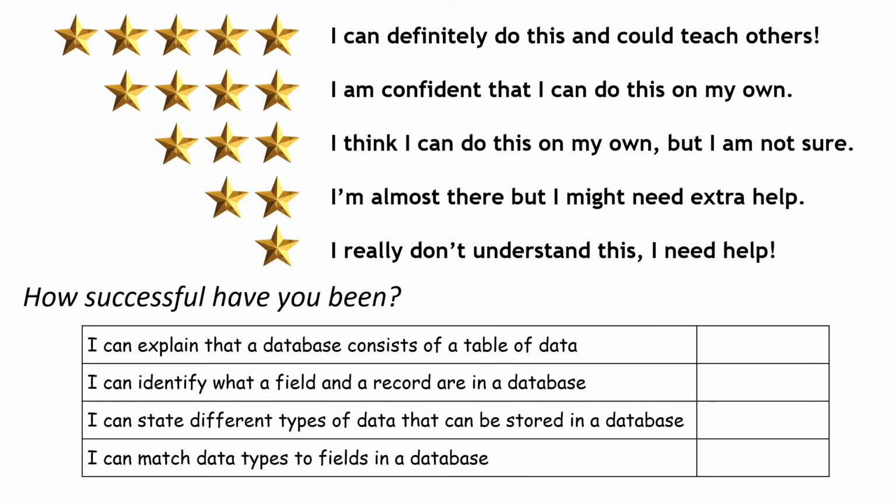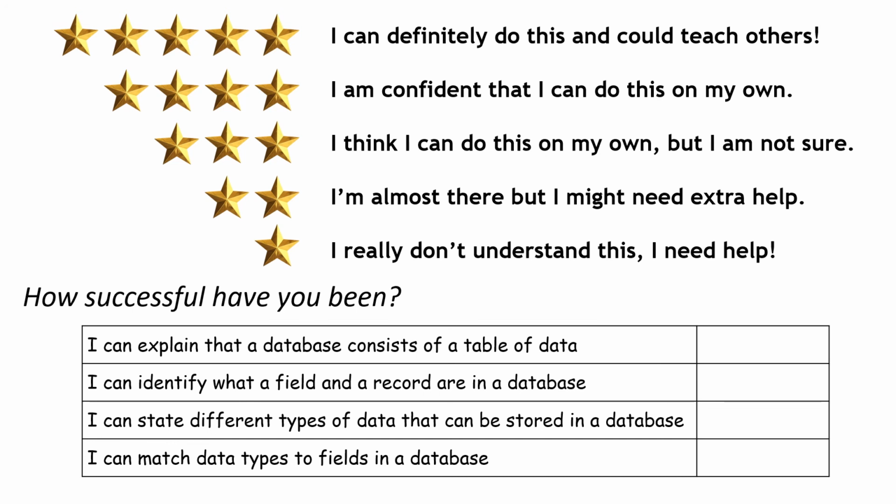Okay, so how successful have you been in this lesson? I want you just to either leave me a comment or write it on your task sheet provided. Do you think that you can explain that a database consists of a table of data? Can you identify what a field and a record are in a database? Can you state different types of data that can be stored in a database?